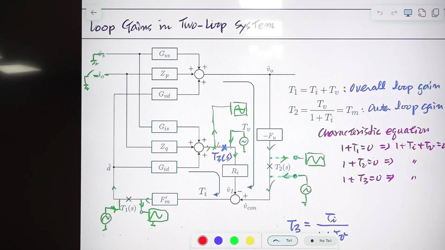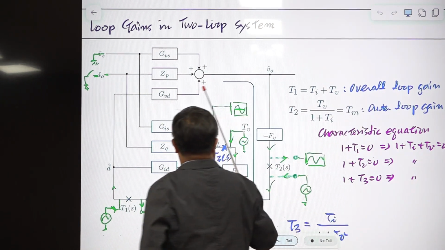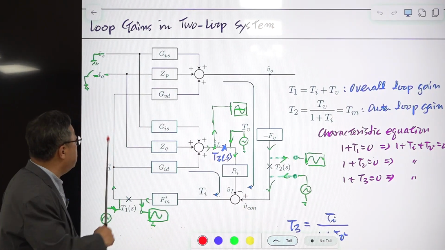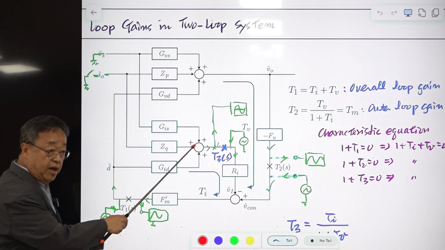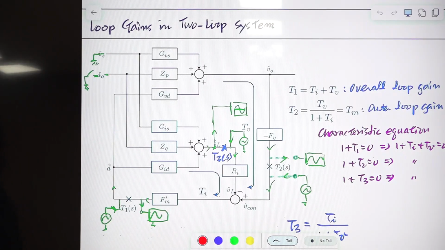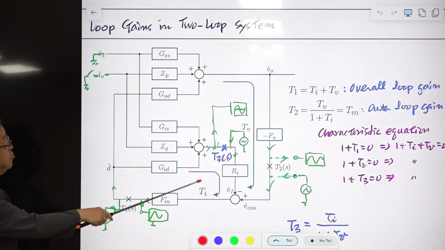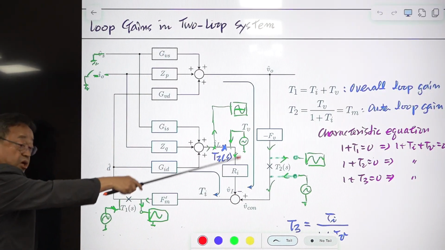The situation is a little bit different when there is more than one loop, for two loops. Previously we did this. This was the voltage mode control, and we added this part. It becomes current mode control. This is called a two-loop control system because there is one loop and there is another loop here.